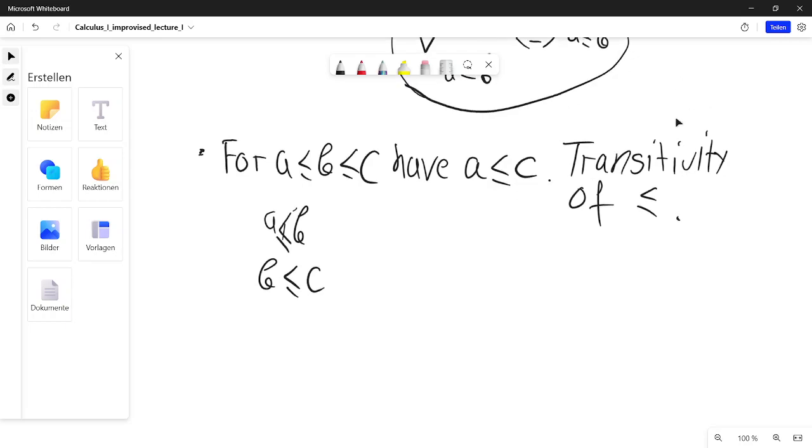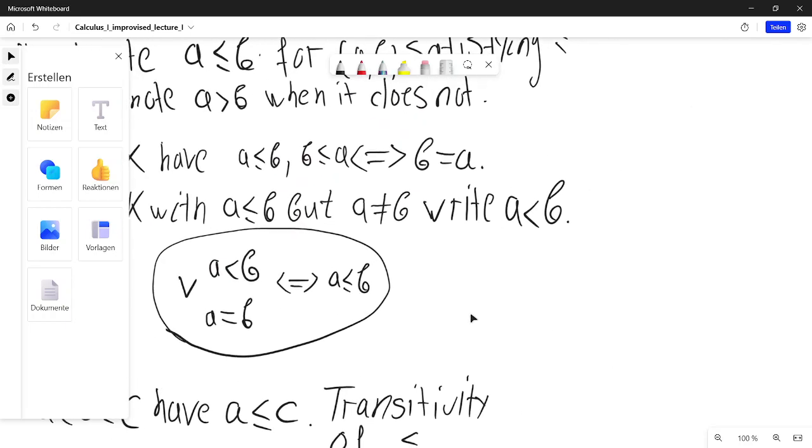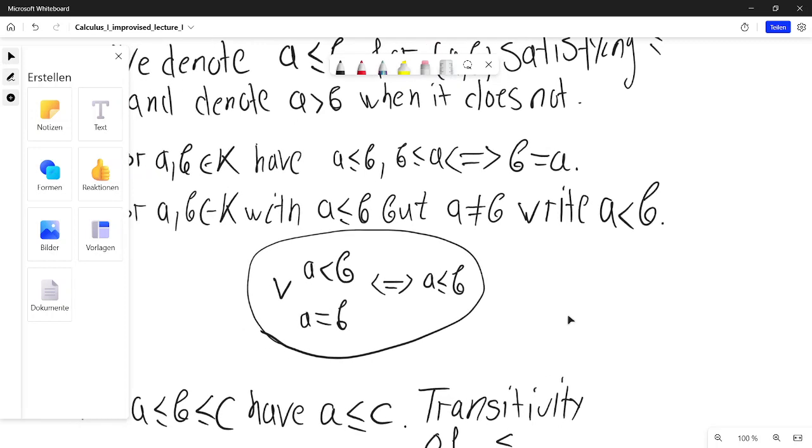And we have, what's that? Well, that's called anti-symmetry.